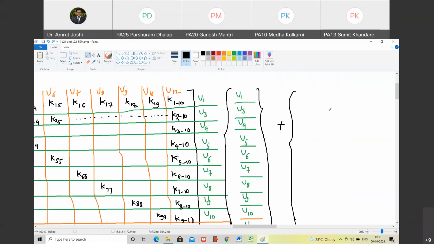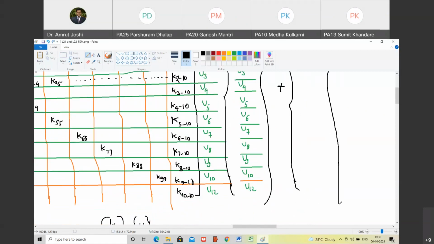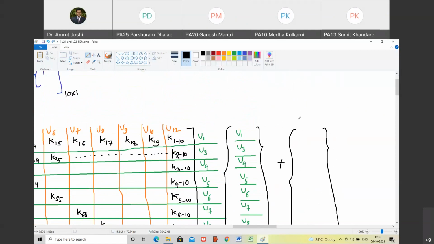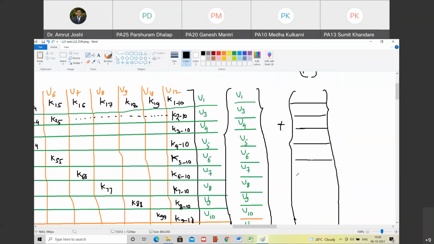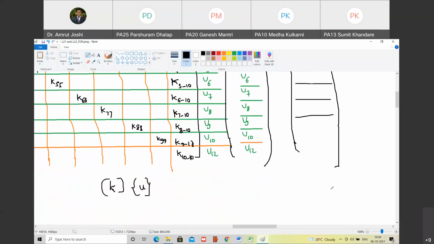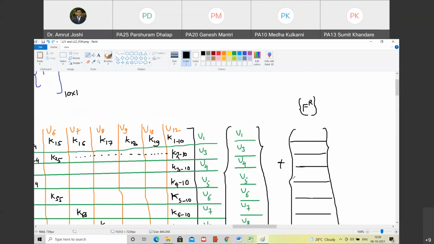Let me write down the FR matrix. This is FR. 1, 2, 3, 4, 5, 6, 7, 8, 9, and 10. Are you with me?